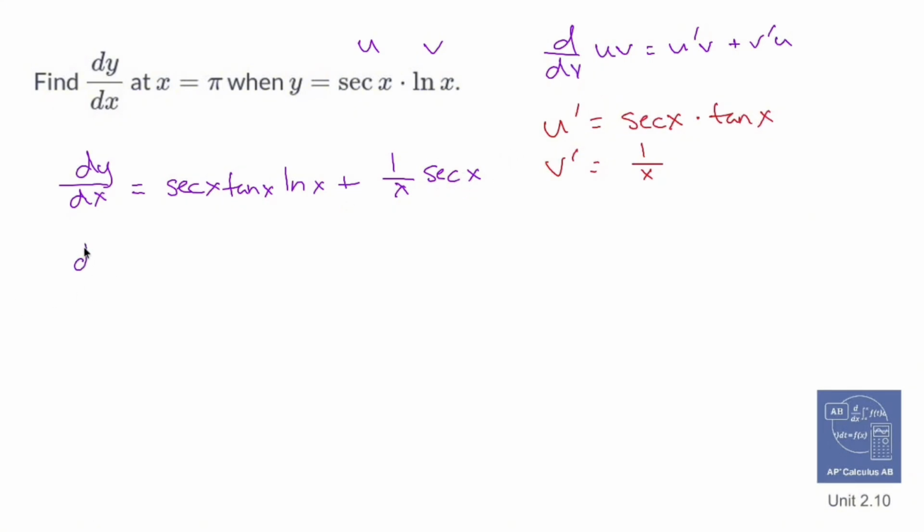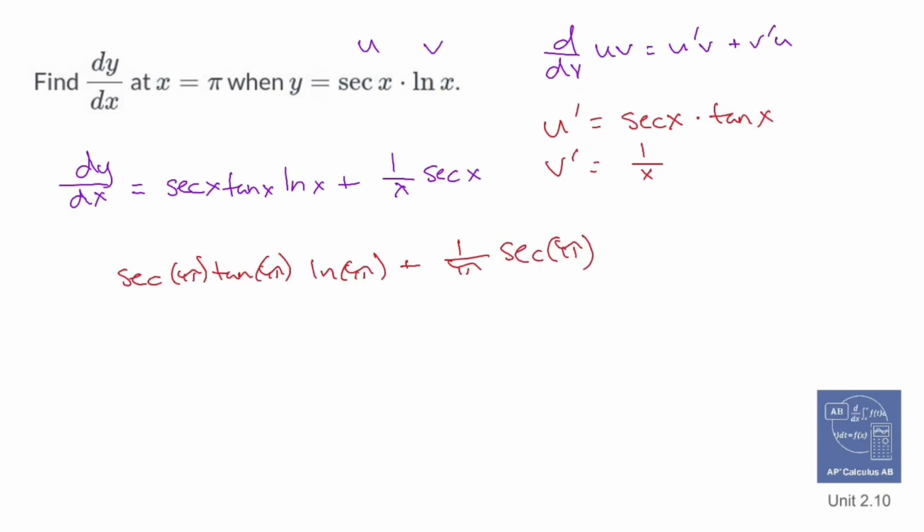Okay, so dy dx is going to equal that. I don't really need to simplify anything. There's nothing in here that needs to be simplified. Now what we have to do is plug in pi. So if I plug in pi, I end up with secant pi tangent pi ln pi plus 1 over pi secant pi.